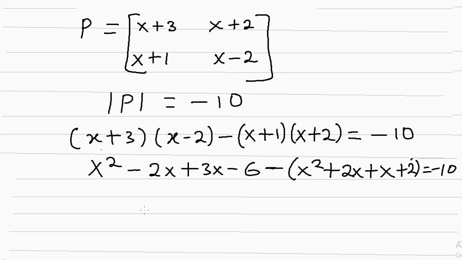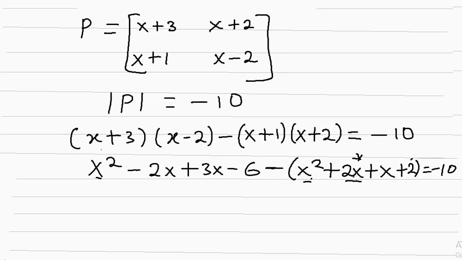So we need to collect like terms. x squared minus x squared is 0. The x squared is gone, because the minus changes all the plus signs inside the brackets into minus. Minus 2x plus 3x is going to be x.